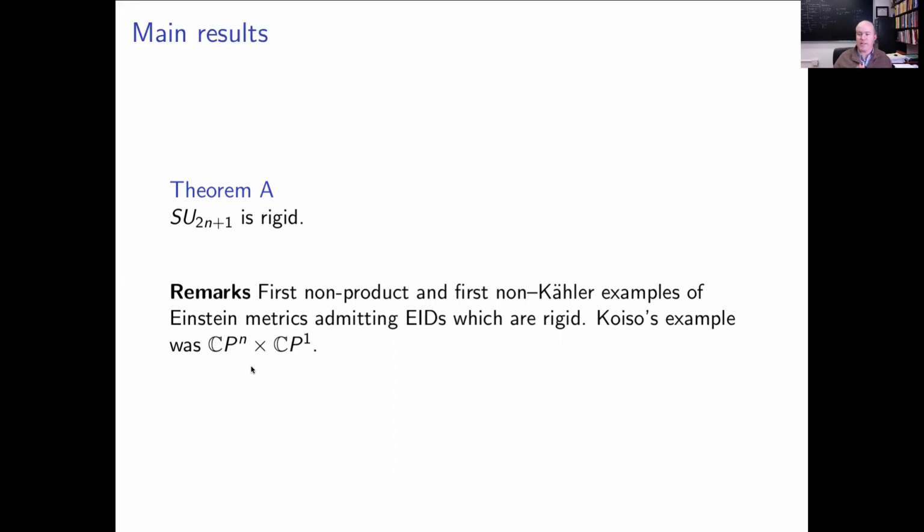So it has this infinitesimal structure which looks like it comes from a curve of Einstein metrics passing through the point, but nevertheless the metric is isolated. Okay, so our theorem is, I think, the first example since Koiso's of an Einstein manifold that's rigid but still admits EIDs. That's theorem A, and that's what we'll really be talking about in the third talk.